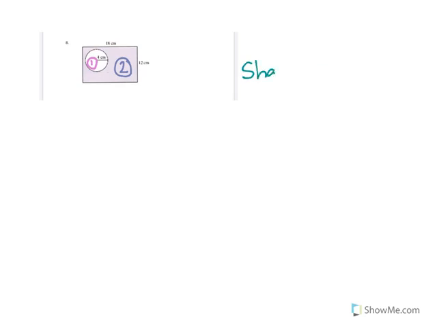So shaded area is going to equal the area of the second shape, so A2, minus the area of the first shape, the shape that is not shaded, A1.